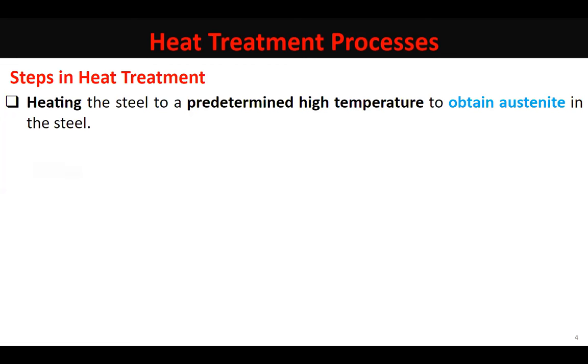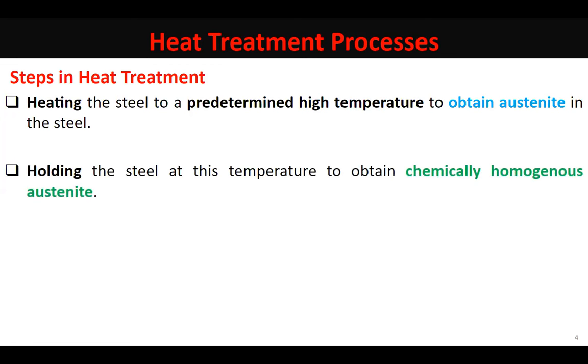So we come to the second step. The second step is called holding the steel at the heat treatment temperature. But students, the main purpose is to obtain chemically homogeneous austenite. Now very quickly, let me tell you that austenite in most of the steels is getting formed from pearlitic microstructure. Pearlite consists of alternate layers of ferrite and cementite.